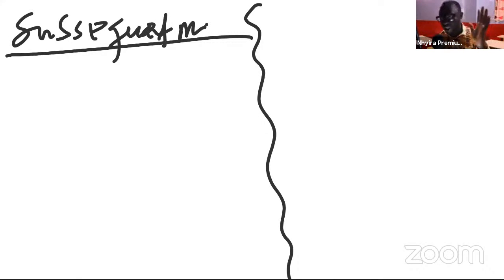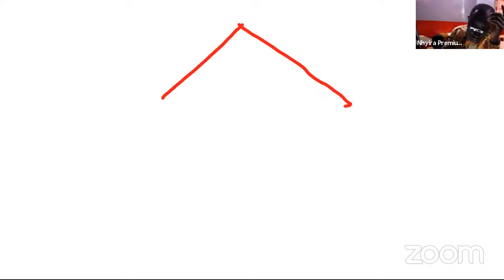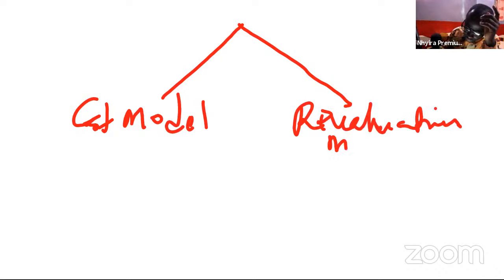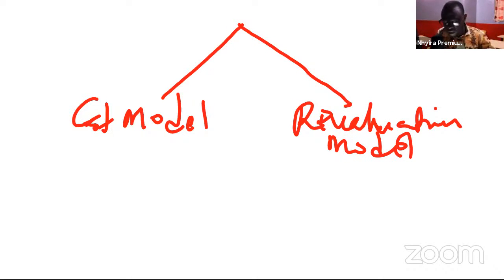And this is where the journey is going to become more interesting. So stay with me carefully here. So on subsequent measurement, we can either use the cost model or the revaluation model. So two models can be used to account for assets on subsequent measurement.